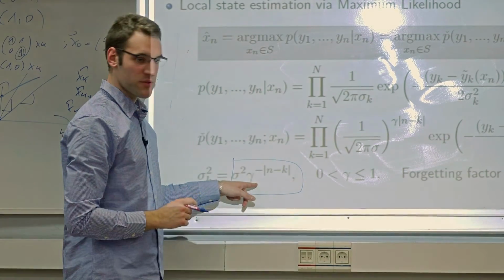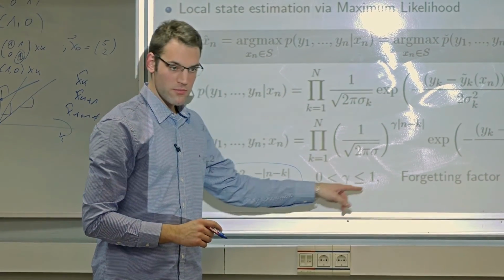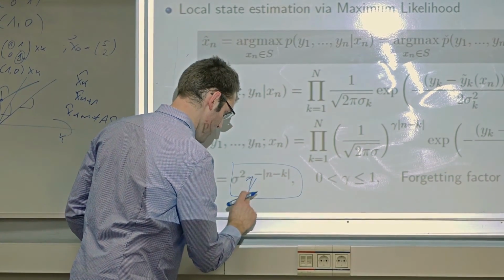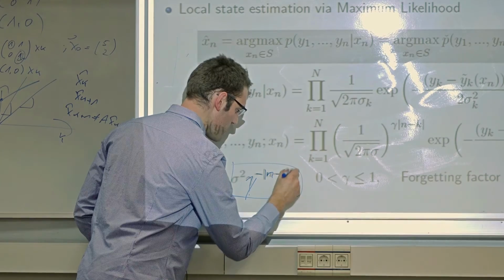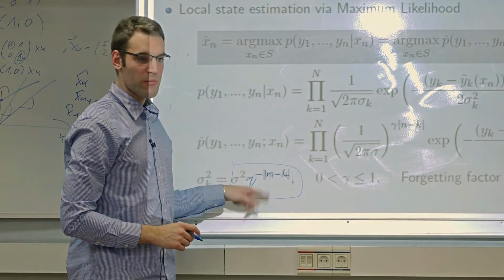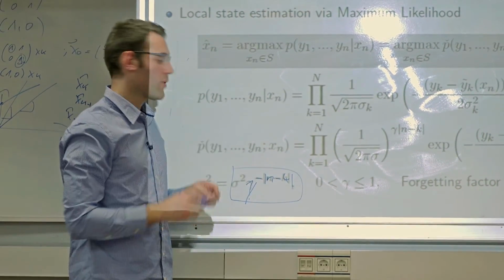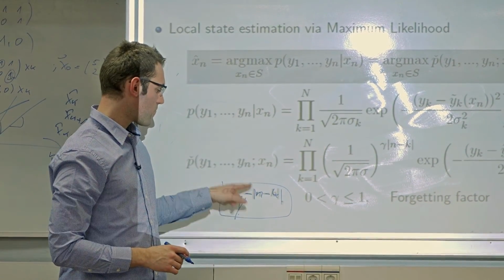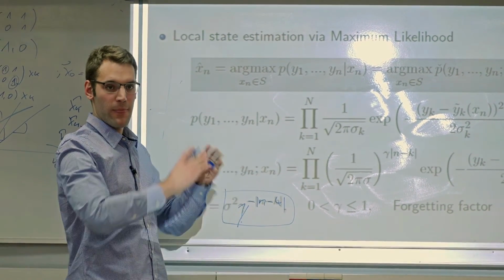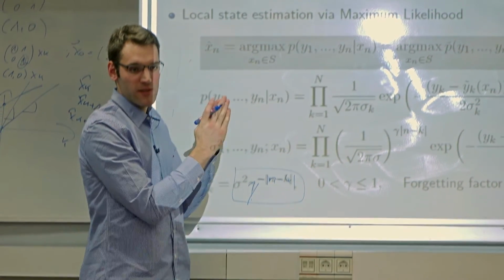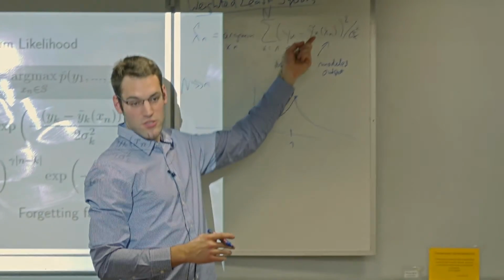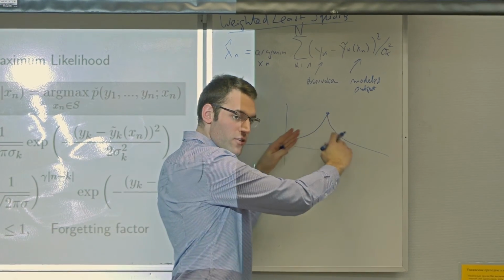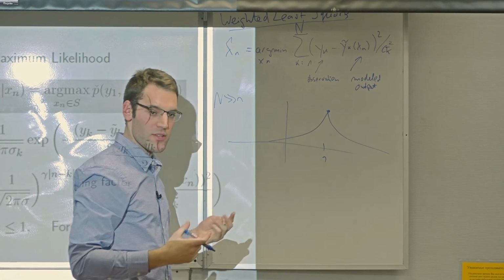So we have a gamma between 0 and 1. And here I just write gamma to the power of n minus k. So when we're at n, the gamma is to the power of 0, so it's unweighted. Then when we're one step left or right, it's gamma to the power of 1, to the power of 2, to the power of 3. And since it's smaller than 1, the errors don't count as much anymore. So what we want is that our model fits very well here, but the further we go away, the less we care about the errors.